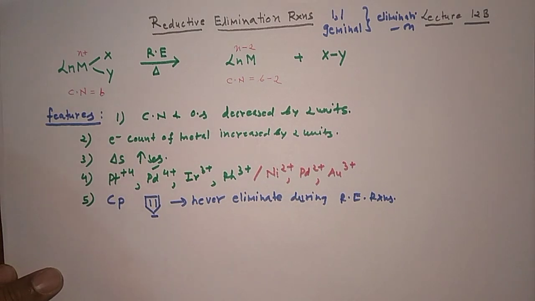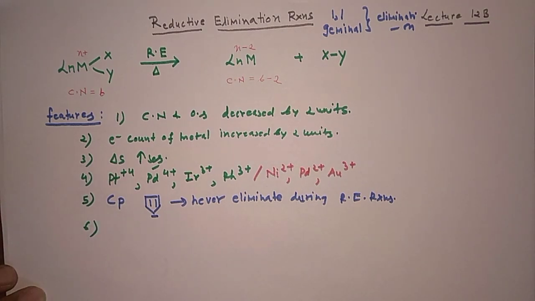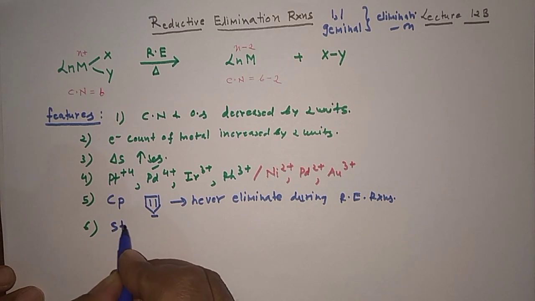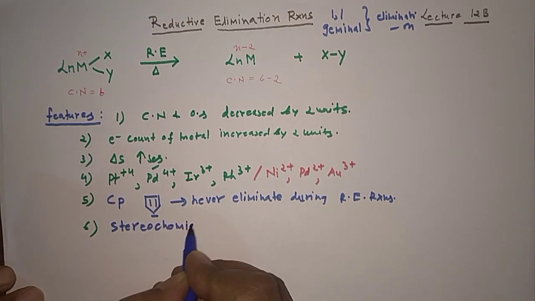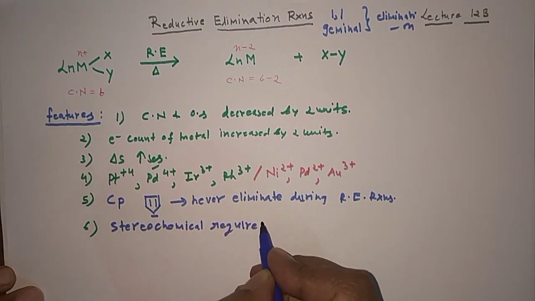Okay, and then the point number 6. The ligands which we generally eliminate must have the cis relationship between them, right? So stereochemical requirement I am writing here. Stereochemical requirement.